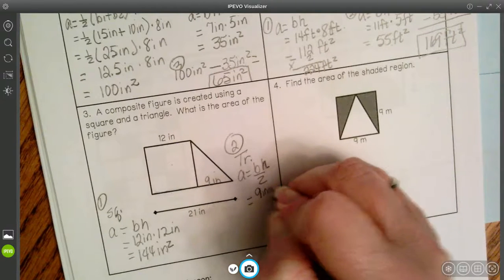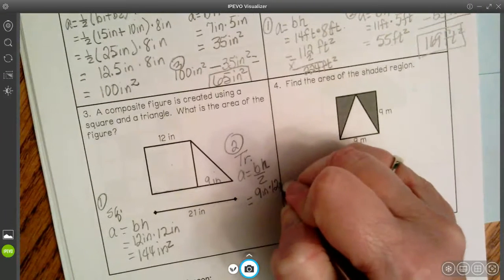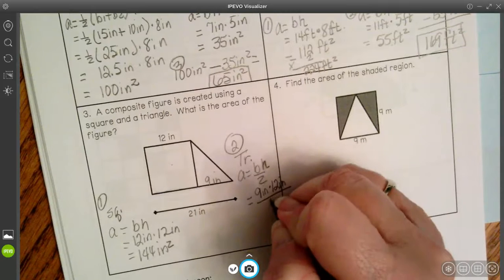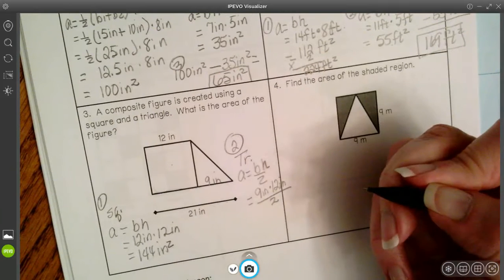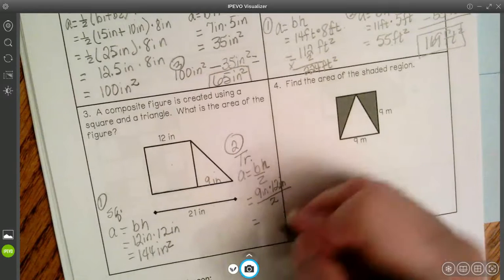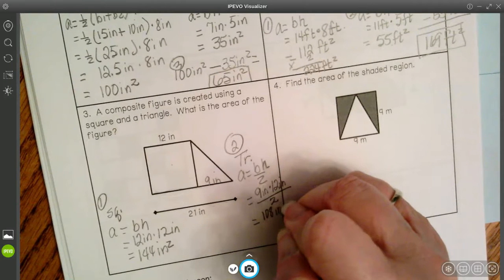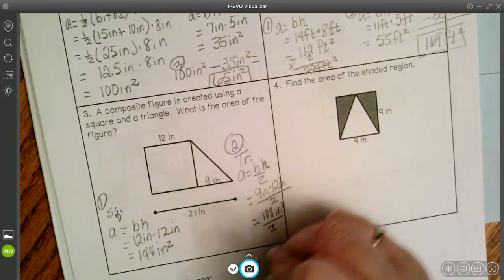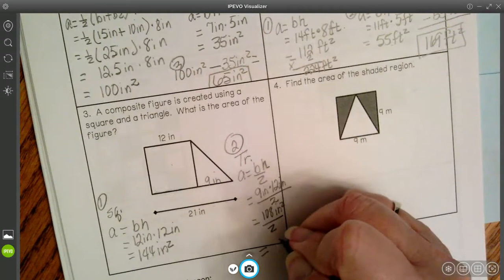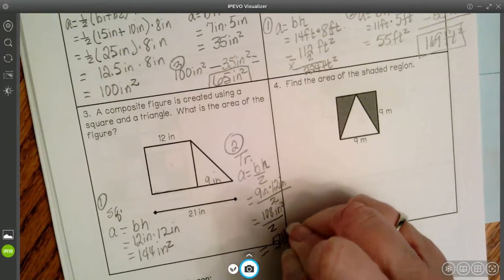So 9 inches times our height, which is our 12 inches, and we're going to divide that by 2. So 9 times 12 is 108. Inches times inches is inches squared divided by 2, and 108 divided by 2 is 54 inches squared.